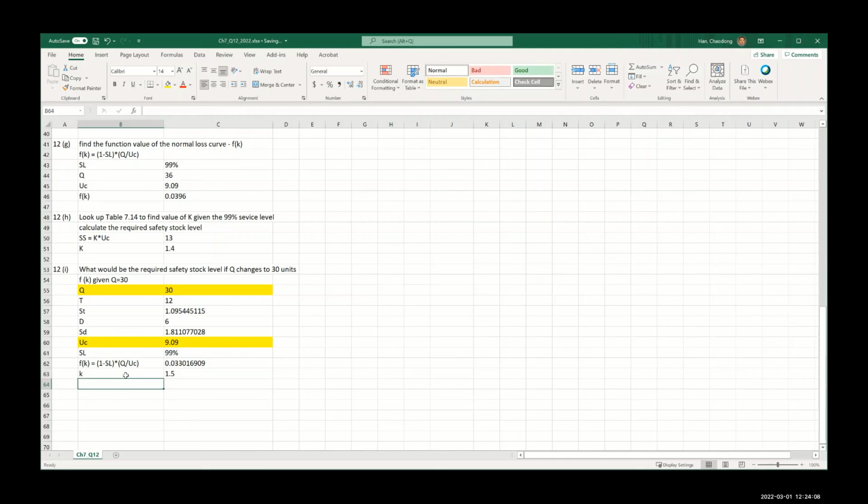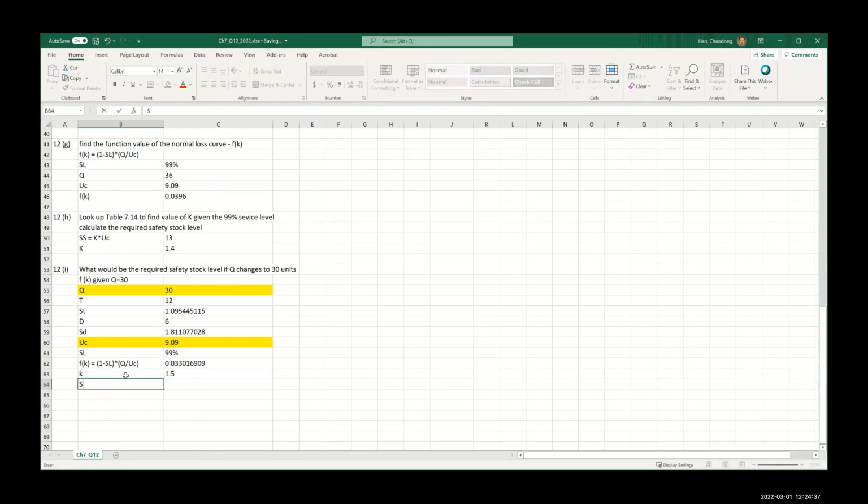The point is, given the quantity, when quantity is smaller, the required safety stock would be greater. So that's a theoretical direction. Even though it's maybe not exactly 1.5, we know that the K under this situation, Q 30, is larger than the K under Q 36.